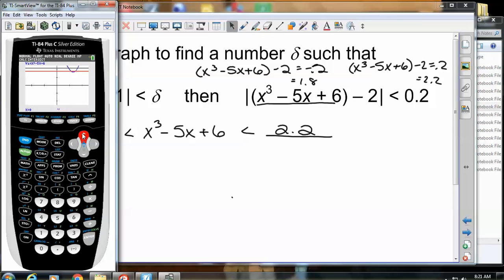The second curve, I want it to be my black one. So you can just use the up arrow until it tells you up at the top the function is 2.2, which is the higher line here. Guess, just get close to it, and read it. 0.9114.